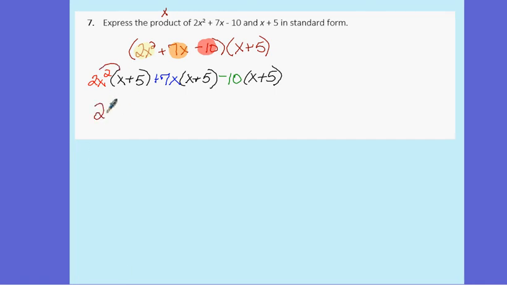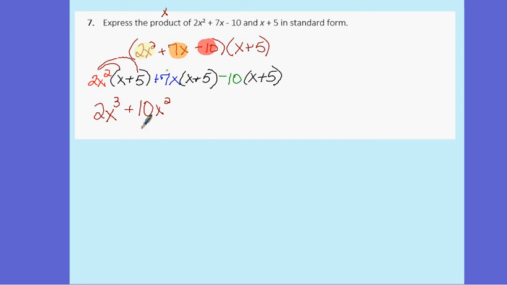We now have 2 times 1 is 2. X squared times another x becomes x cubed. 2x squared times 5 is 5. It remains x squared. Oh, actually, I didn't multiply my 2 and 5. 2 times 5 is 10x squared. Okay.